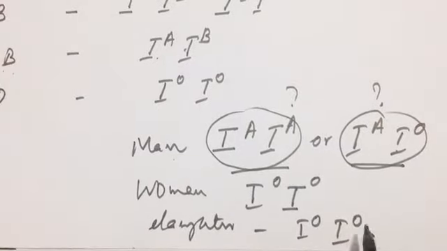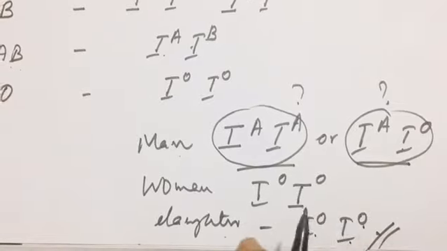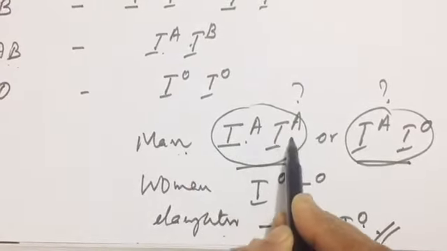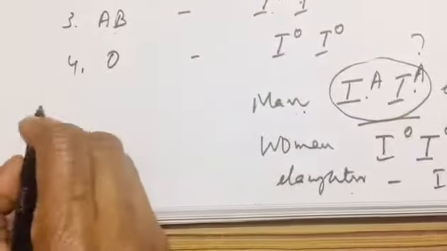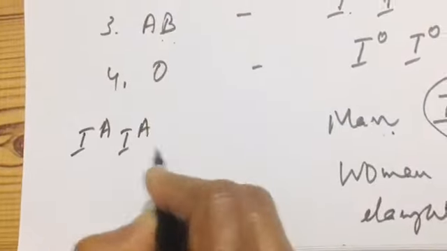How to do it? You have to cross and find out, isn't it? Because you know the answer, the daughter is O. So, if the man is IA IA, the homozygous version, let us see. IA IA versus the woman IO IO.